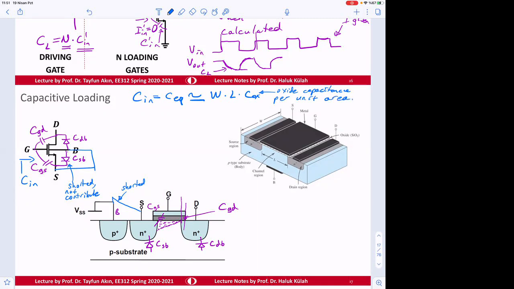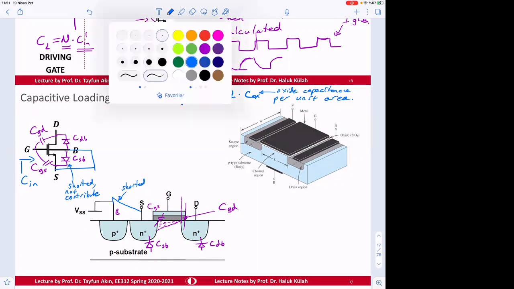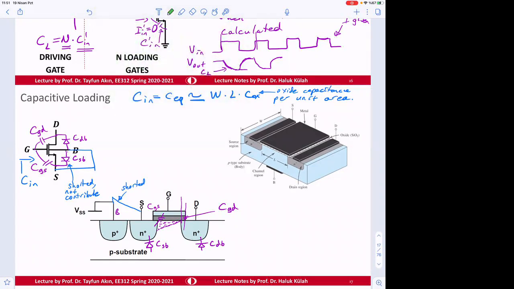That's the value that we also use in our current calculations, I guess. Basically, when we consider this device here, we can say that this is a device like this, right? So this is the device, and this is the length.